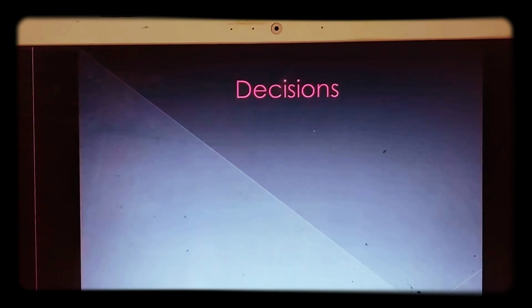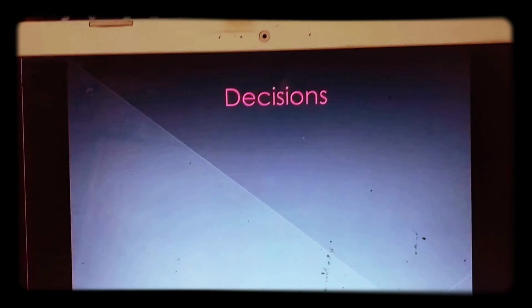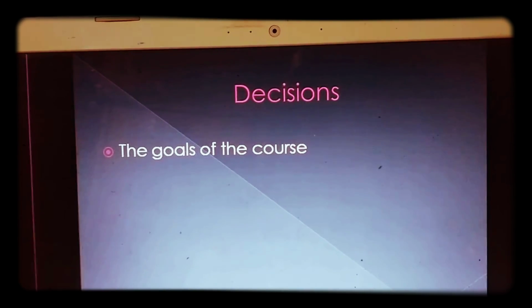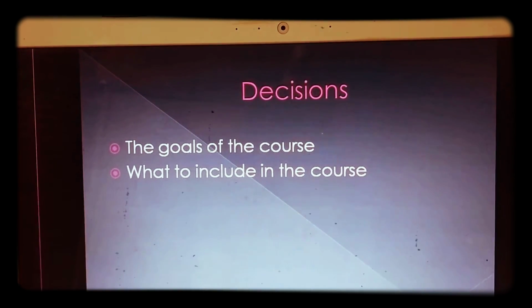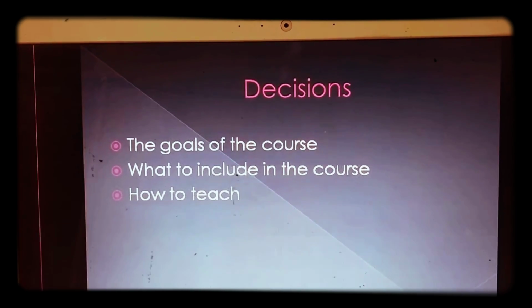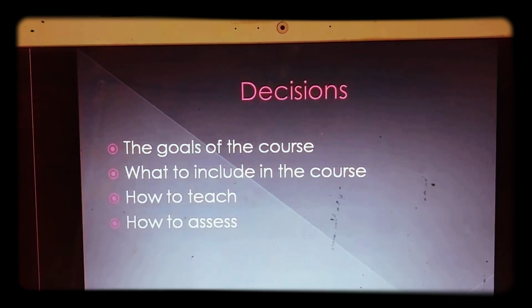It involves looking at the factors that will have a strong effect on decisions, which can arise from the goals of the course. Second, what to include in the course, how to teach, and the last, how to assess.